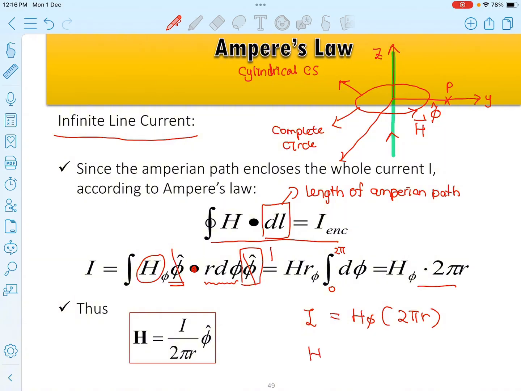So our H will be equal to I over 2 pi r, and phi is here, showing the direction. This equation is the same as the equation that we get by using Biot-Savart's law for an infinite line. You can say that their equation is the same thing.